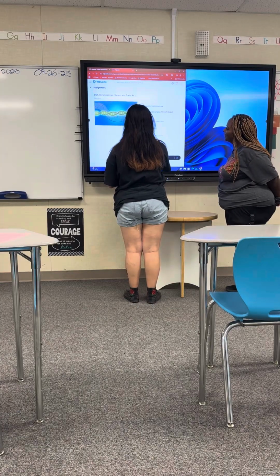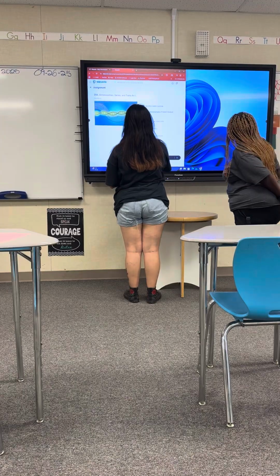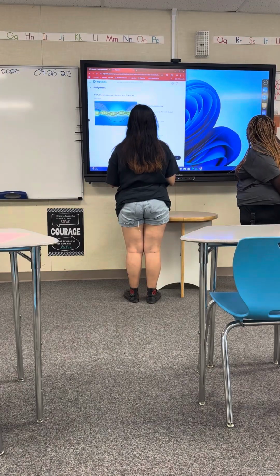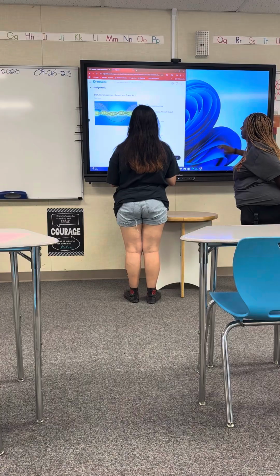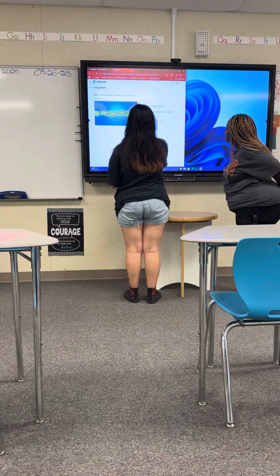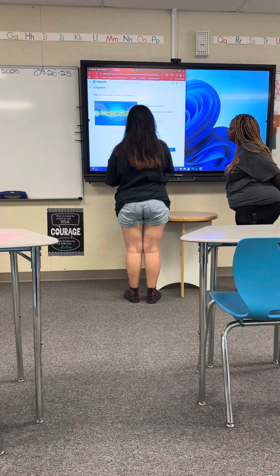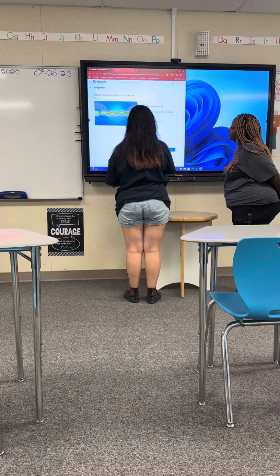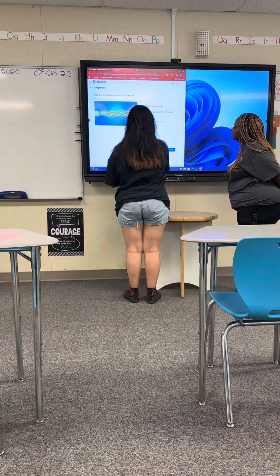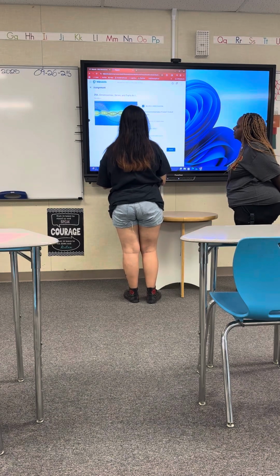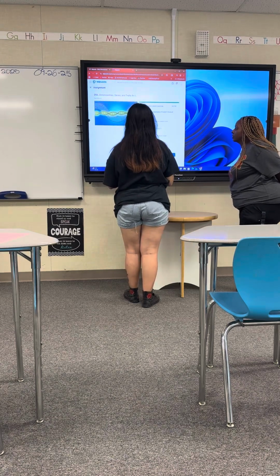Pattern of Spike's body. How long Spike is. And the color of Spike's scales. Go ahead and submit, please. Good job.